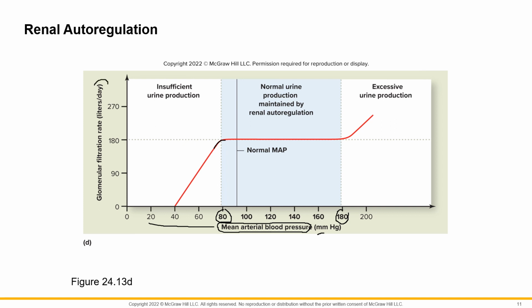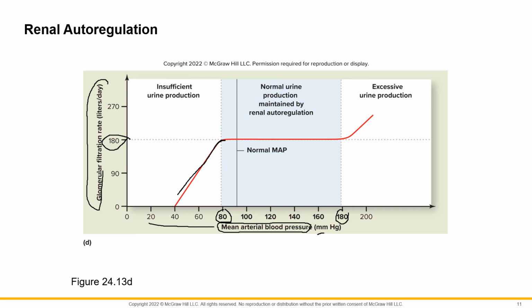So GFR is right here on the y-axis, and normal GFR is about 90 liters per day. That's filtered. That's not the amount that you are peeing out. That's the amount of filtrate produced per day. So if you're dehydrated, GFR drops down.